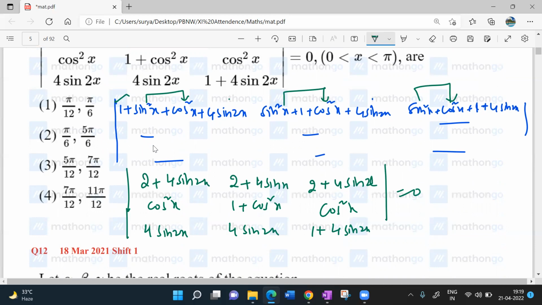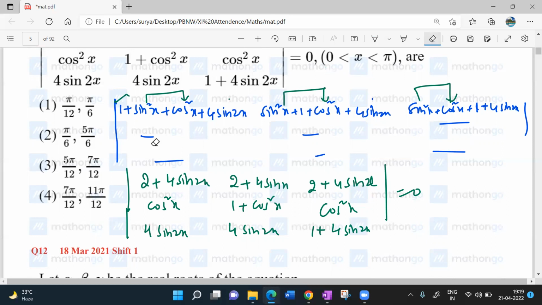Now what is the possible value of x? The solution is asking for the x value, and x lies between 0 and pi, not more than that. So 0 to 180 degrees only.